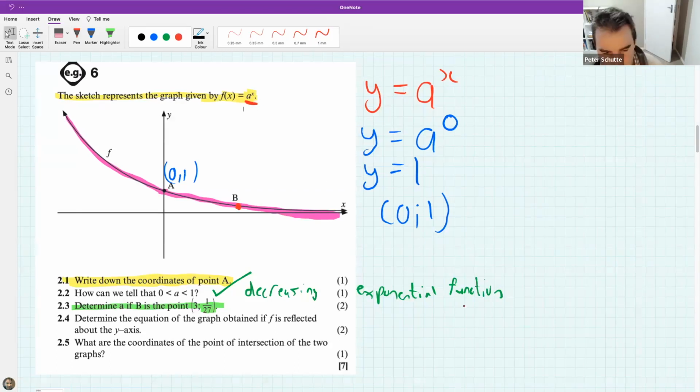And then someone's going to tell me about how they figured it out. So it's saying use the point B, but find out the value of A, which is the base in the exponential function.